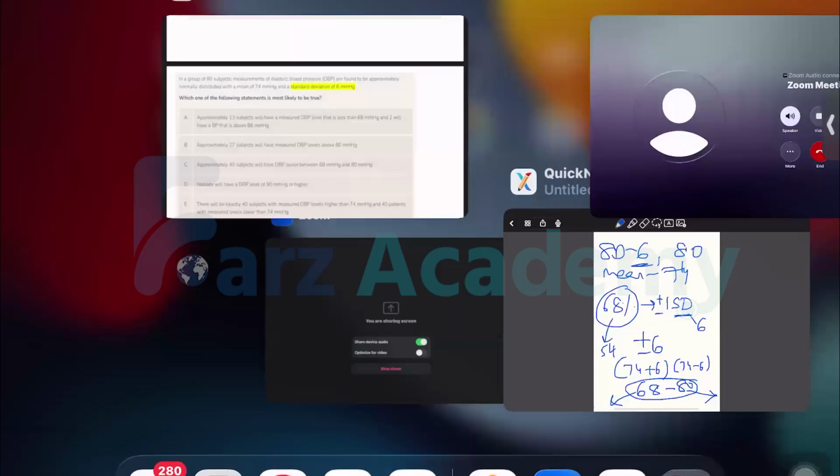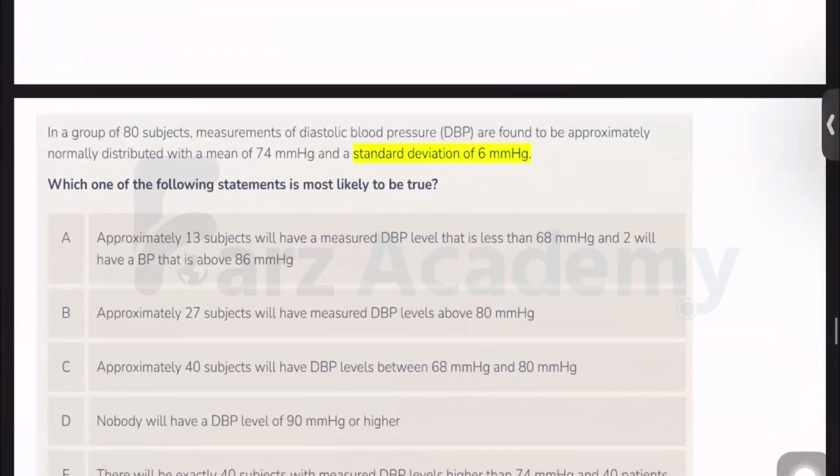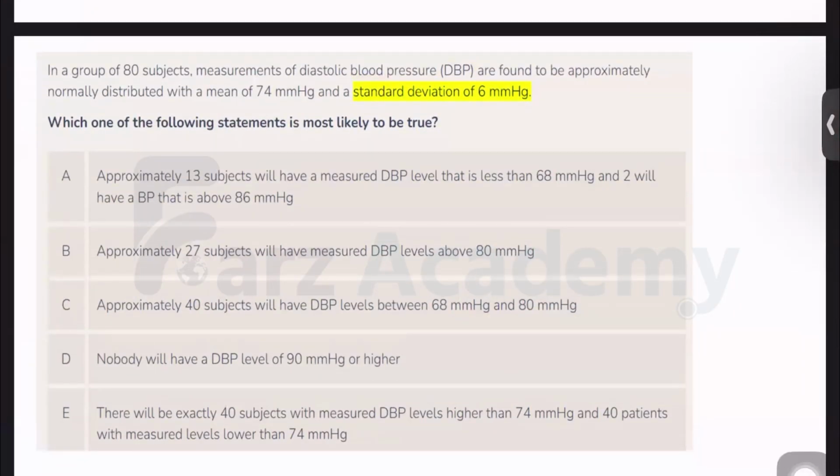So if I come to the question now, what is the answer? Nobody will have a DBP of 90 or higher. No, we just saw, right? There will be exactly 40 subjects with measured DBP higher than 74. 74 is the mean.